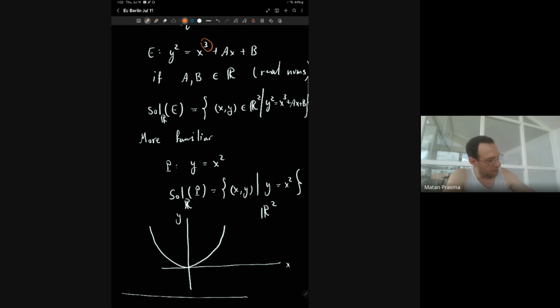Just like here, a degree 2 polynomial would typically intersect a line in 2 points.